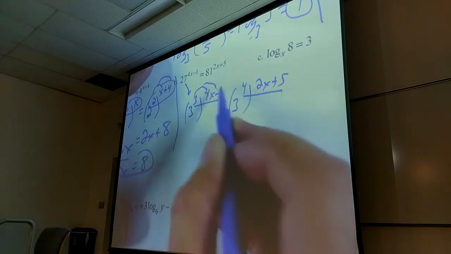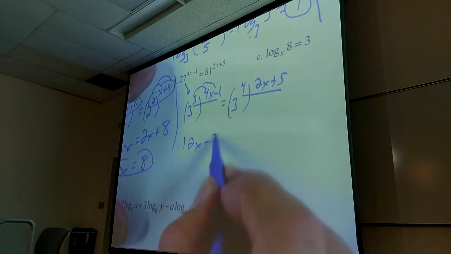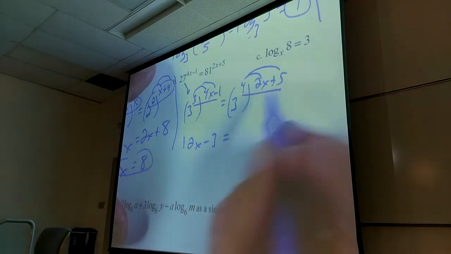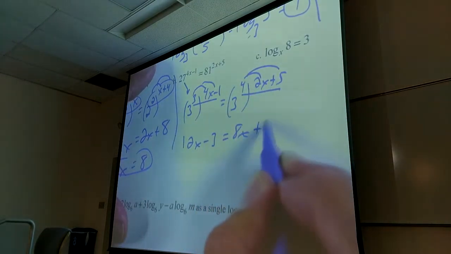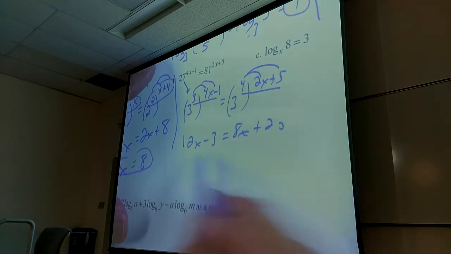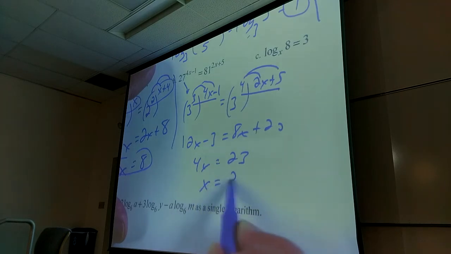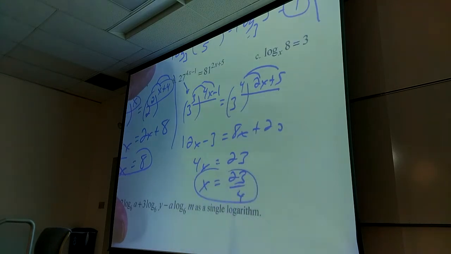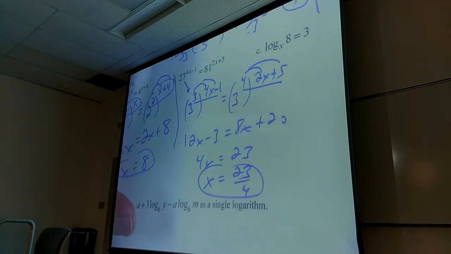So I get 12x minus 3 has to be the same thing as 8x plus 20. So subtract those, add those, 23 over 4. And you can do the same thing I did earlier with the store thing to check it.